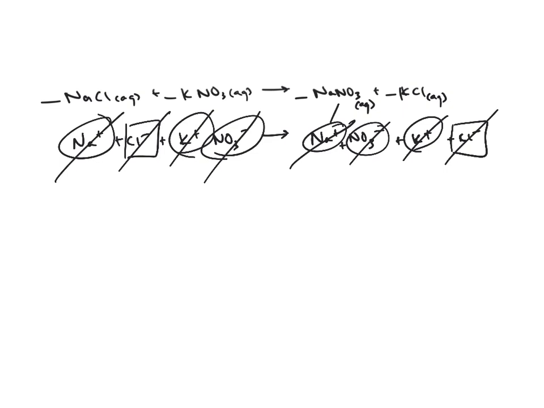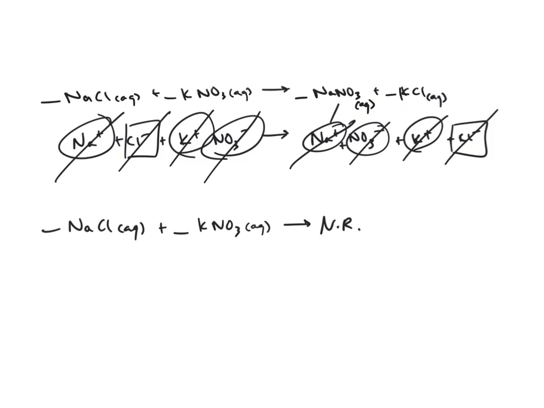Nothing happens. So if you have a reaction like this one, and you go to check the precipitate rules and both the products are aqueous, what you actually have is no reaction. If you mix these two solutions together, nothing's going to happen inside of that test tube or beaker or flask or whatever.